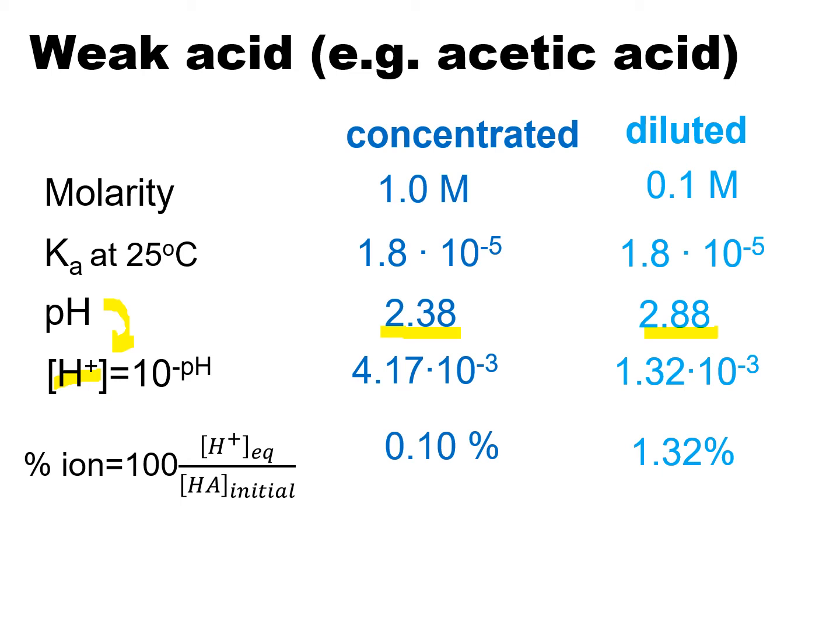So the percent ionization is higher for the diluted one. The concentration of the H plus is still lower, but it's going to be a higher percent because it's calculated with respect to a smaller number. Okay, so the two things are not in contradiction.